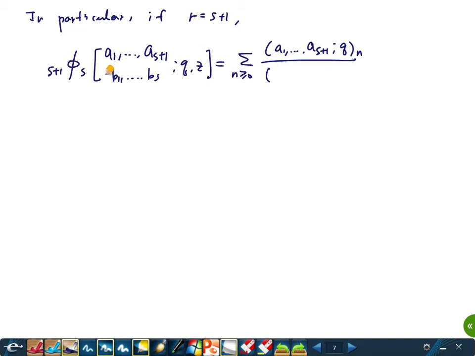Here the Q sub n in the denominator is kind of hidden, so you need to have that. Z to the n. So in this case, we don't have that strange factor. Don't forget to write this as well. So in some sense, they are balanced. There are S plus 1 factors in the numerator and S plus 1 factors in the denominator. If they have the same number of factors, then you have a nicer expression like this. We'll be mostly dealing with this.